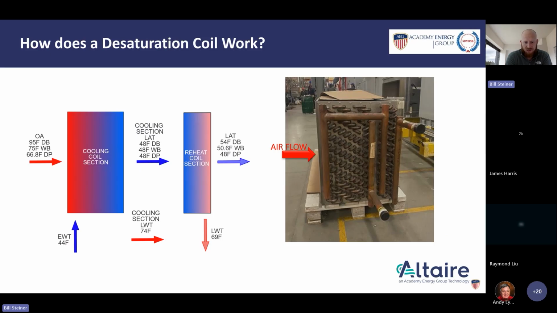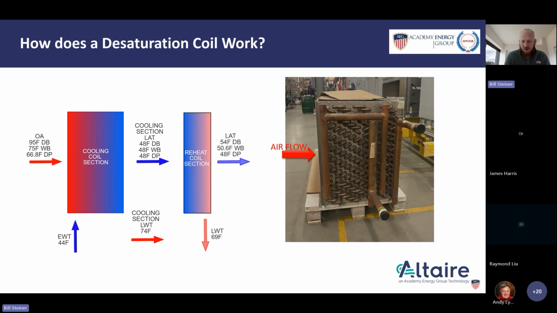And this does several things for us. One, when we talk about 90.1, this is where we get our compliance for 90.1 in 2 ways. 2, because we are rejecting some of that heat back into the airstream because we need that reheat, it allows us to use a higher delta T on the cooling side of the coil, typically 25 to 35 degrees.